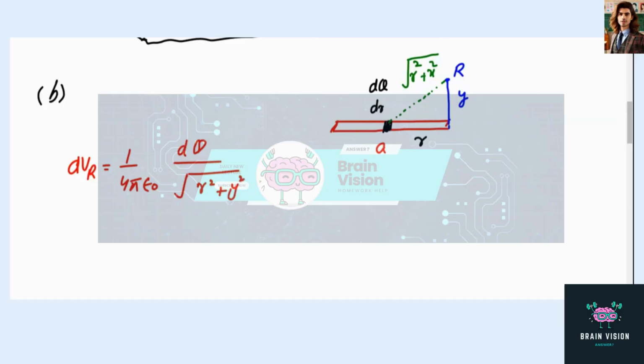Sorry, I made a little mistake here in the diagram. Here the distance of the small portion from point R is r squared plus y squared.